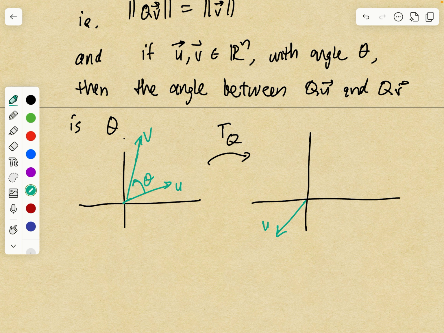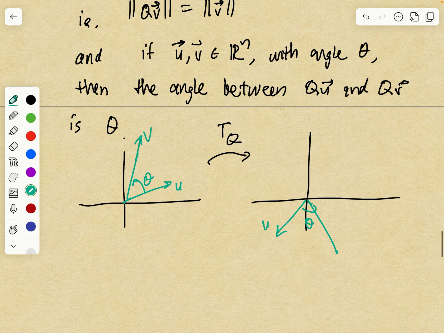So if QU is here, then the angle, it looks like maybe a 45, maybe 50-degree angle or something. The angle must be preserved, and so must the length.